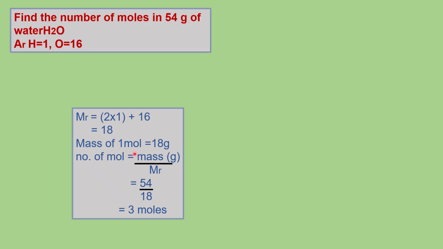The mass of 1 mole equals 18 grams. The number of moles is the mass given here in the example divided by the relative molecular mass, which is 18. 54 divided by 18. Now you have 3 moles. And you can also calculate it in a mental way. If the mass of 1 mole is 18 grams, now 54 is 3 times 18. Therefore, you have 3 moles.